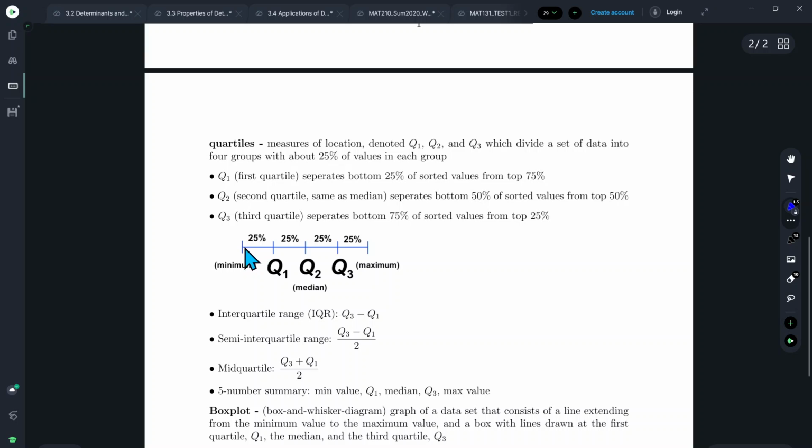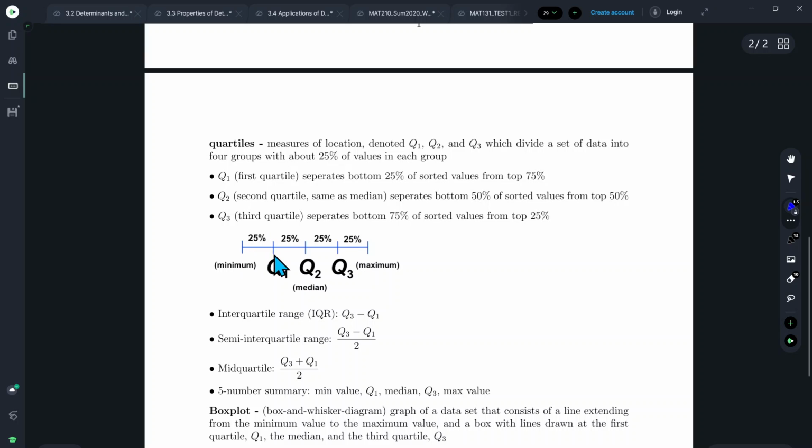If you arrange all the data points in between, 25% of them will fall in the first quarter, another 25% in the second quarter, another 25% in the third quarter, and another 25% in the last quarter.